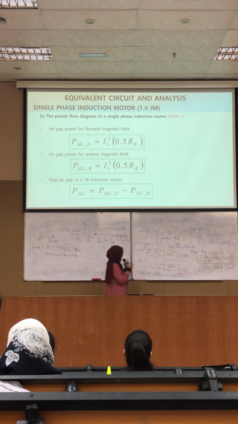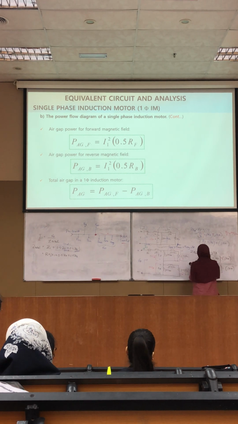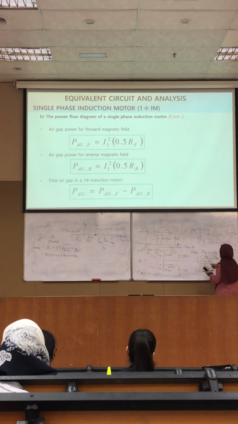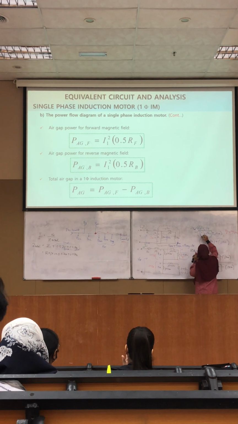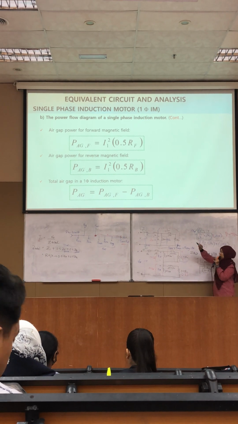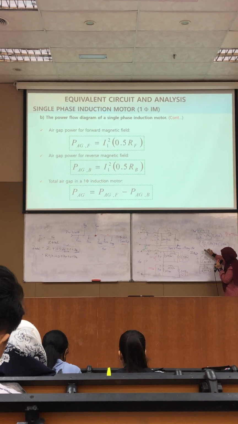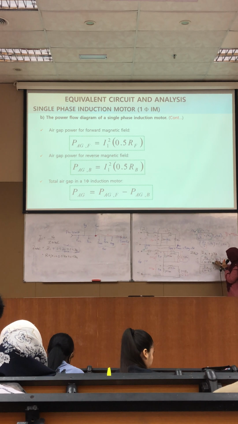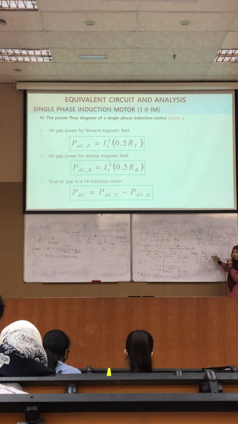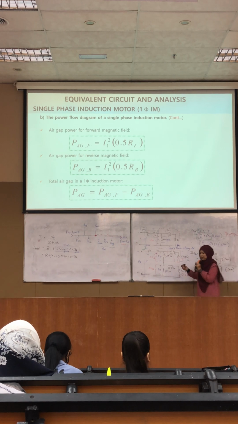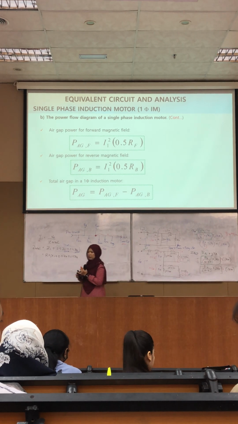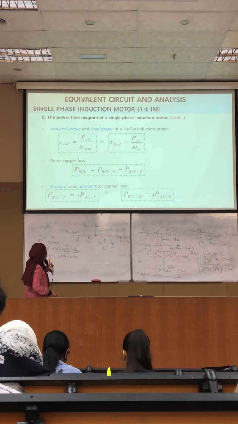How do we get the RF? This RF is actually this one only. RB, this one only. So they have already counted this difference factor.